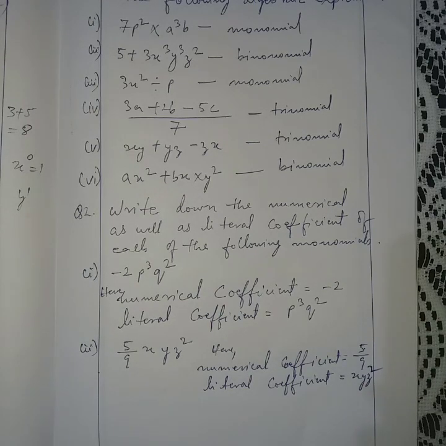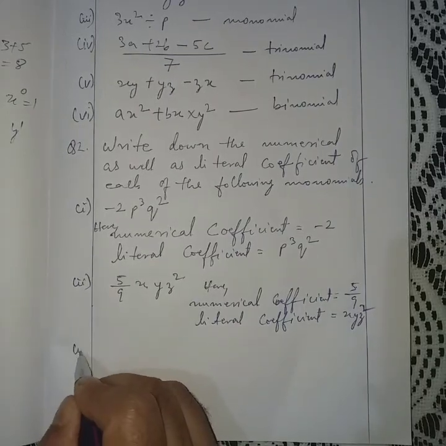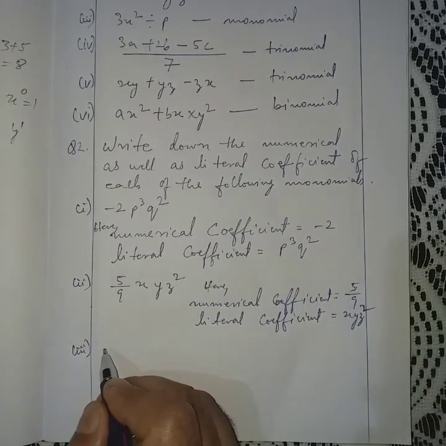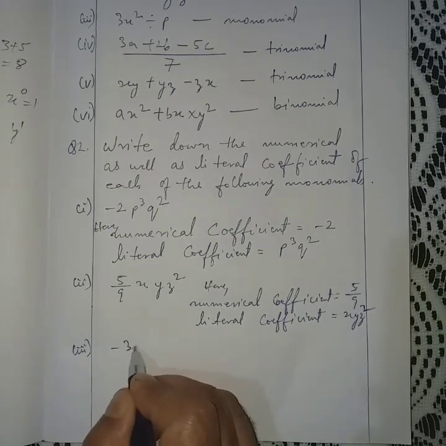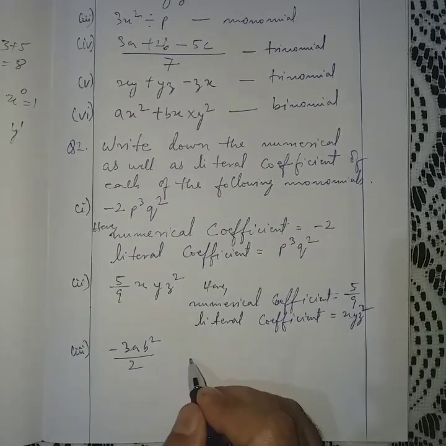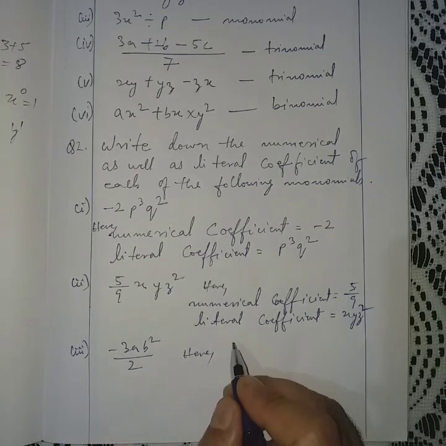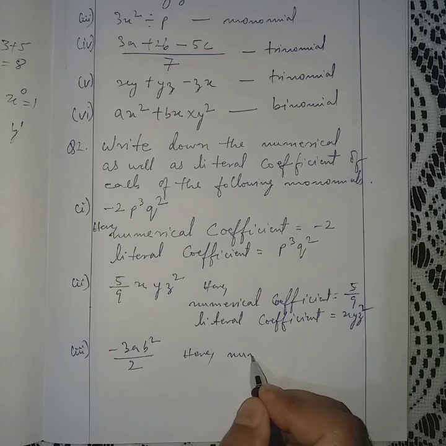Okay, now number 3, minus 3ab square by 2. Here minus 3 by 2 is the numerical coefficient.